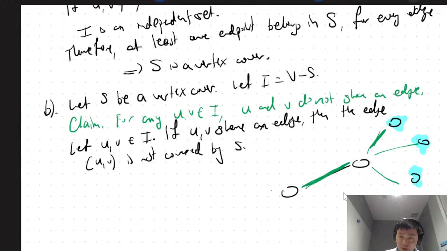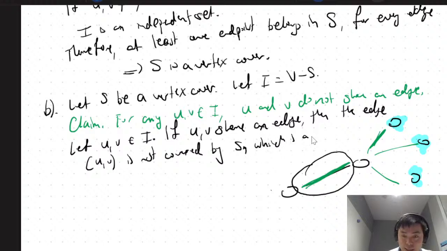But notice that if I pick these three vertices, these three vertices are kind of a vertex cover, but it doesn't actually capture this edge. So in fact, the vertices that I pick can't be a vertex cover because there's some edge that isn't hit by the vertex cover. Because this UV edge can't be covered by the vertex cover. But this is a contradiction because S is a vertex cover by assumption, which is a contradiction.